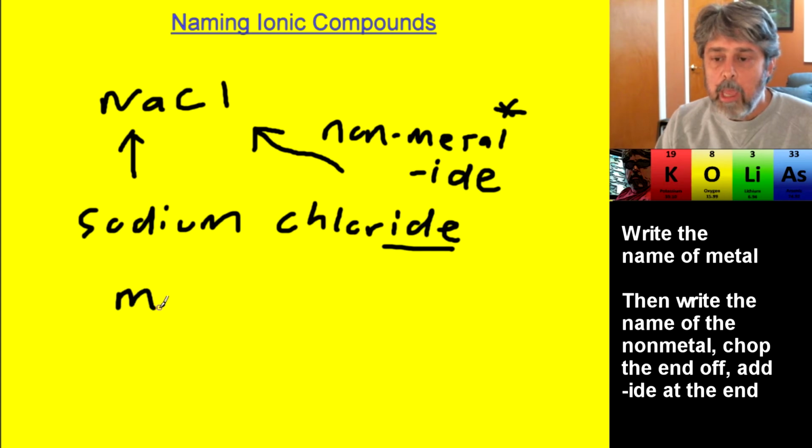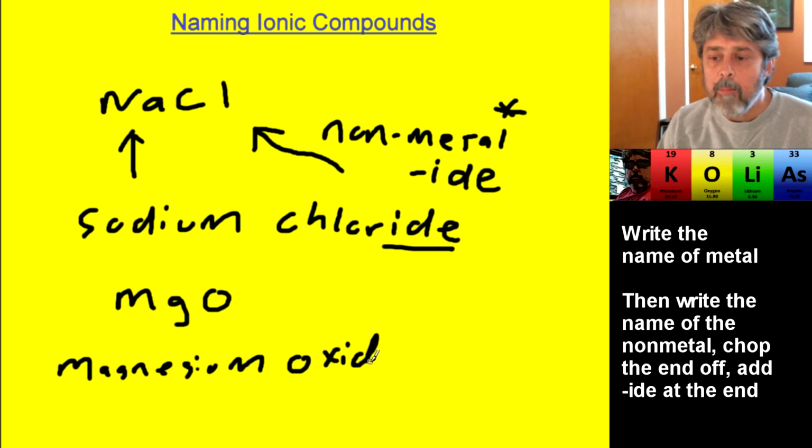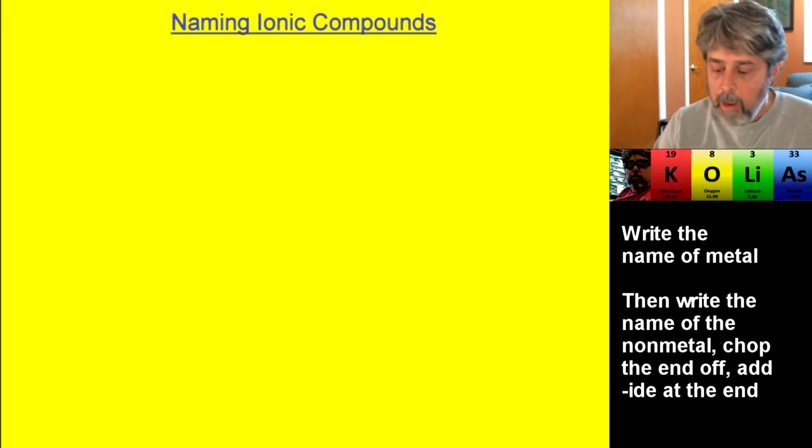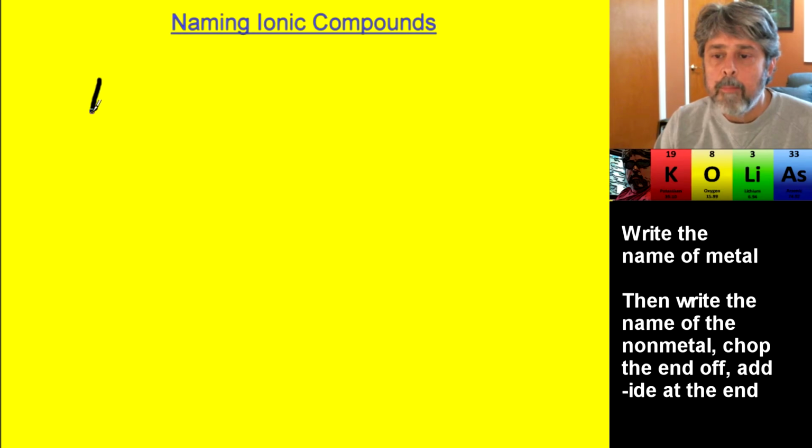Let's look at MgO. Our metal is magnesium. And oxygen becomes oxide. You've probably heard the word oxide before. All right, let's try a couple more. How about lithium?